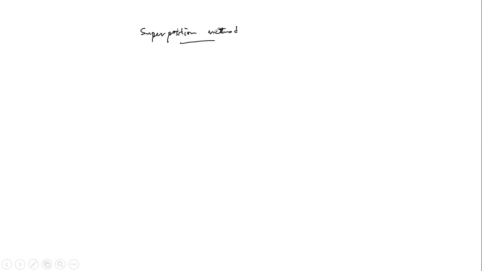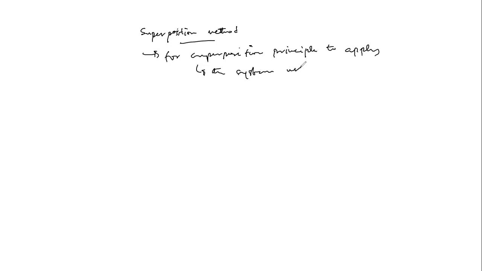In our signals and systems course, we established that for the superposition principle to apply, the system must be linear.